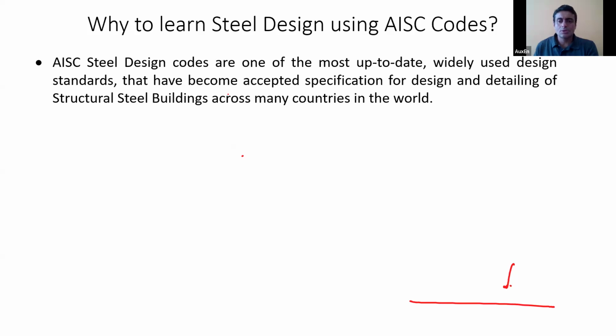So now, why learn steel design using the AISC code? Again, it's a repeat slide which I had already shown you before, but let's just have a look at it again. The steel design codes by AISC are one of the most up-to-date codes available to structural engineers across the world, and they have been getting continuously revised.